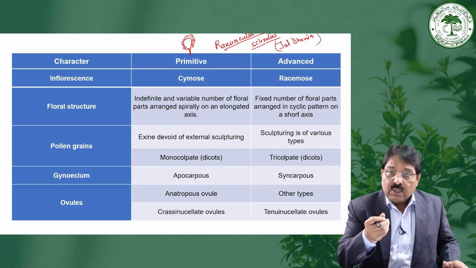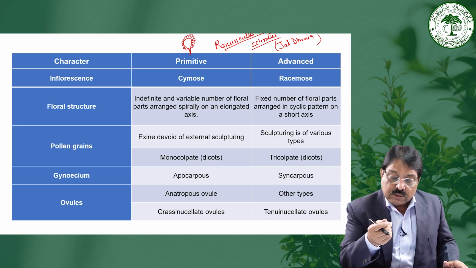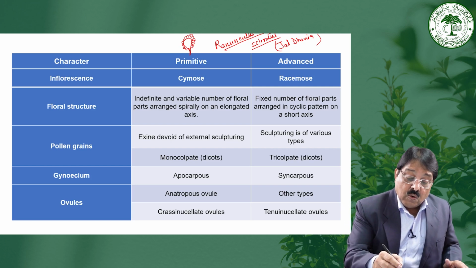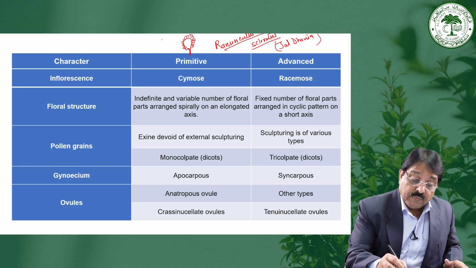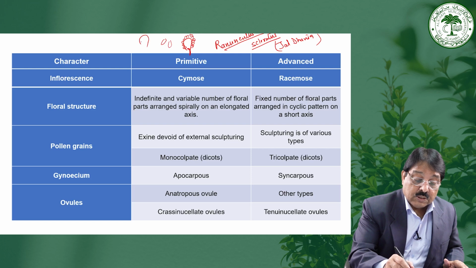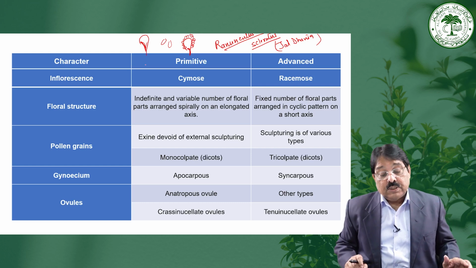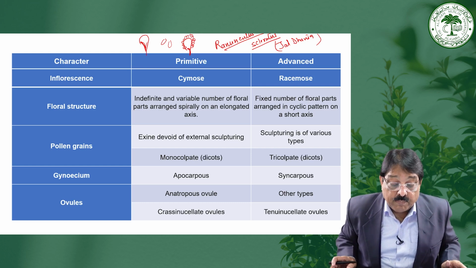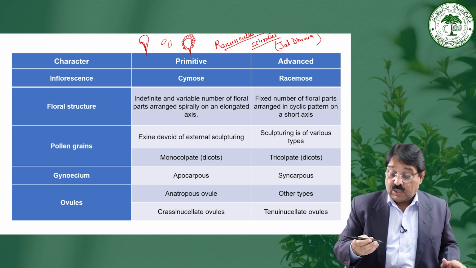Whenever you rub it, just apply some pressure, all the carpels will be removed from this torus, and only this structure will remain there. So it is indicated that they are the carpels, they are not united, they are free.